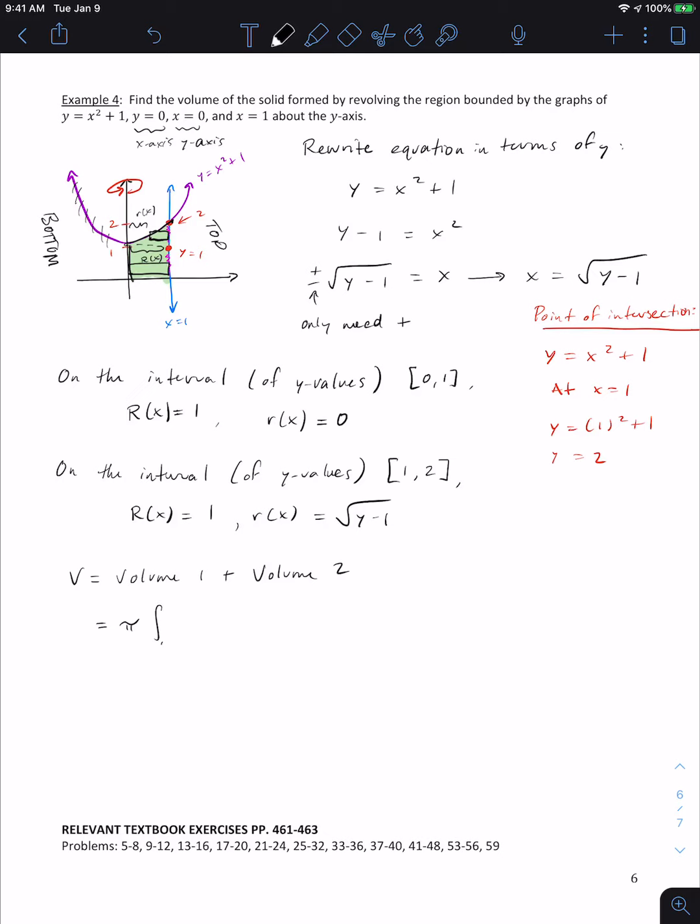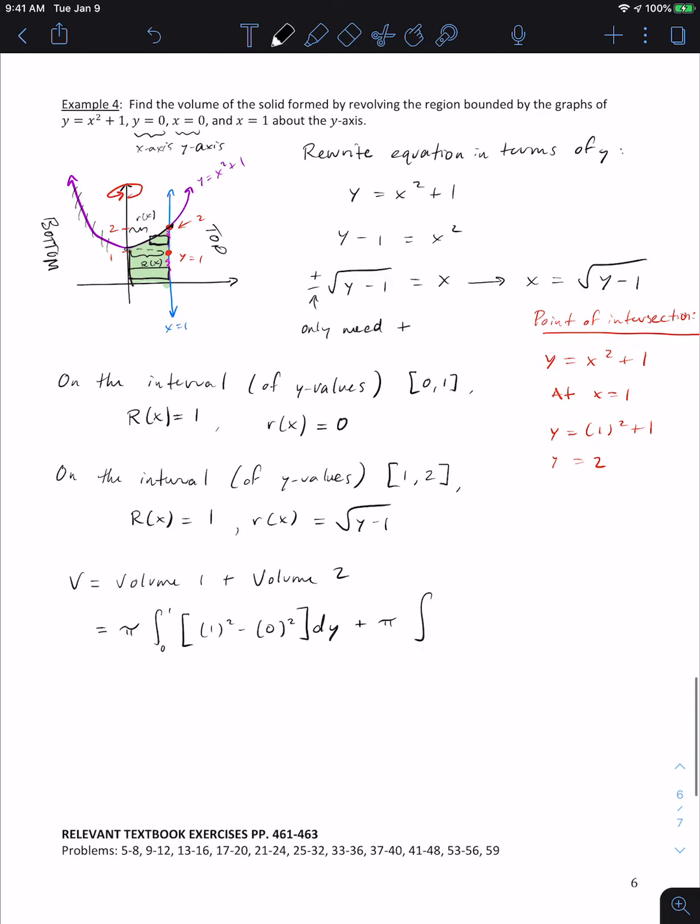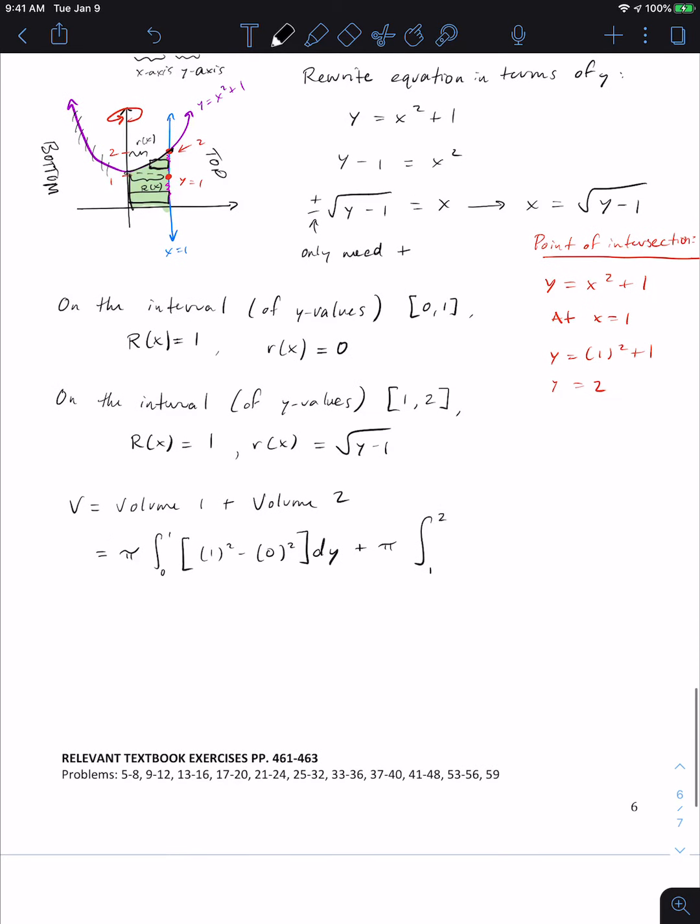Pi times the integral from 0 to 1 of my big radius, which we said was 1 squared, minus my little radius, which is 0 squared, dy, plus pi times the integral from 1 to 2, because those are the y values. And then now I'm going to have my outer radius, which we said was 1 squared, minus my inner radius, which is the square root of y minus 1 quantity squared, dy.